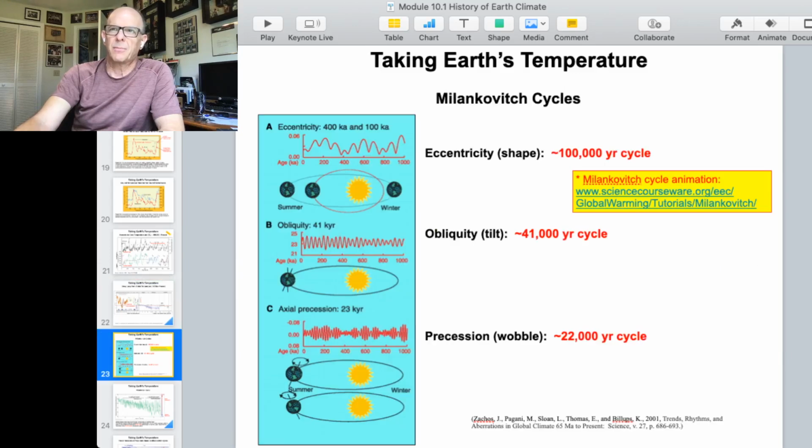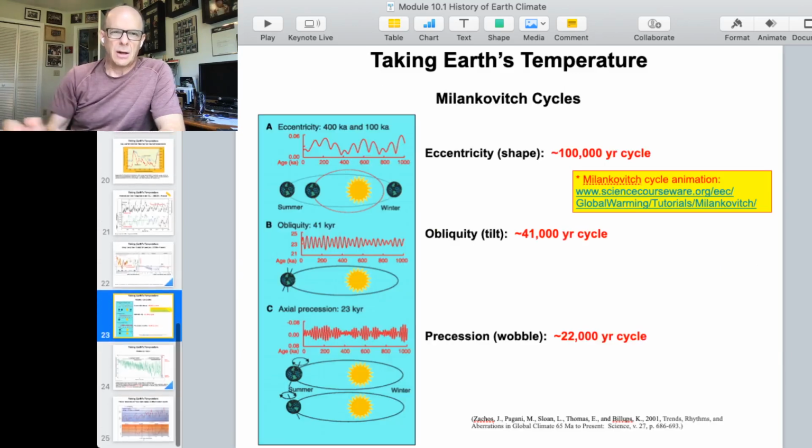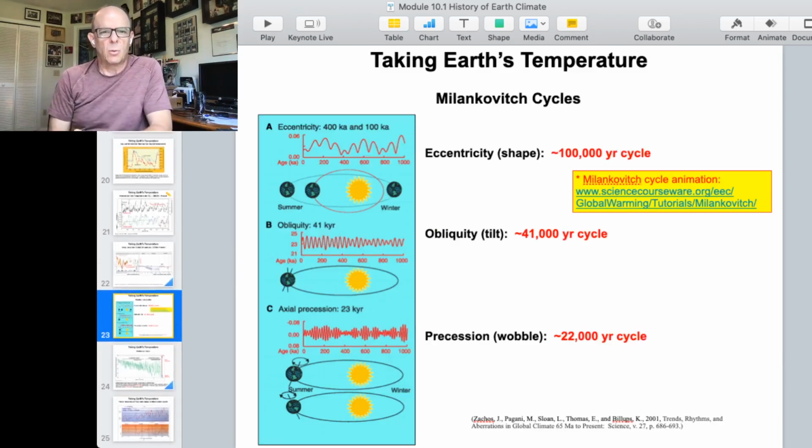And finally, one of the natural forcings that we sort of alluded to was solar output. There's another natural forcing that has to do with little changes in the Earth's orbit and the Earth's spin. Those are called Milankovitch cycles. There are 3 Milankovitch cycles. They have to do with the shape of the Earth's orbit, how egg-shaped it is.